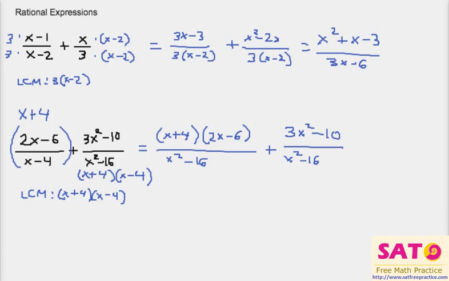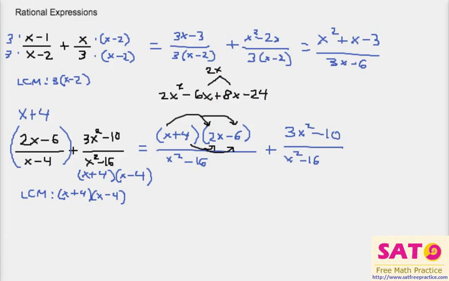Let's simplify this before we go on by using FOIL. So 2x squared minus 6x plus 8x minus 24. And the middle would be 2x.